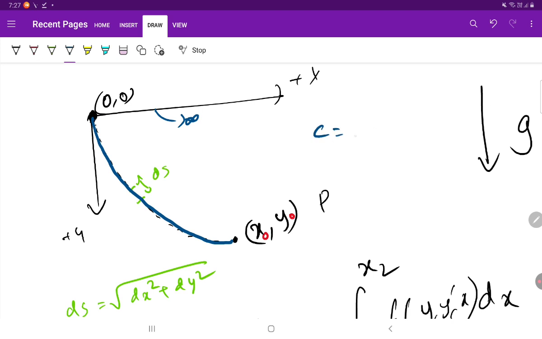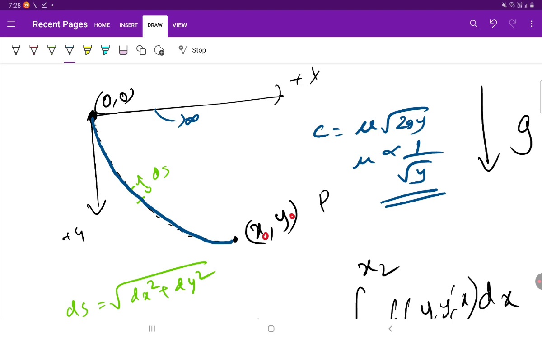So I'll take c is equal to mu v, where v is equal to root 2gy. So you will get mu inversely proportional to root y, and hope you have seen some problems regarding solving continuous and variable refractive index media, where light is going almost at 90 degrees, then it bends by some angle, and you have to solve it. So I hope you can deal with such problems.